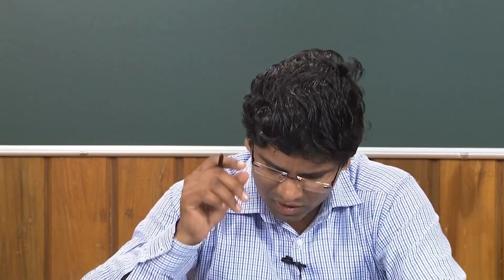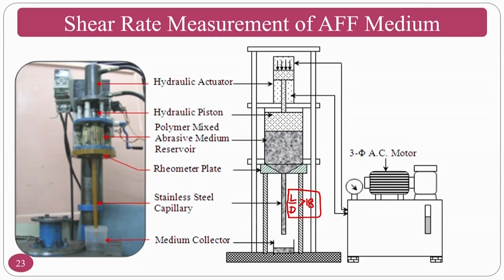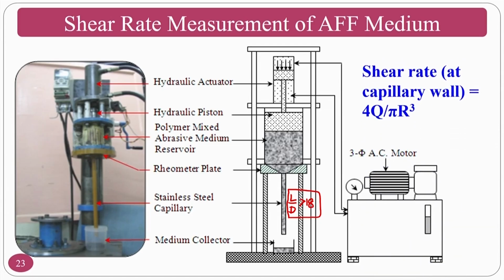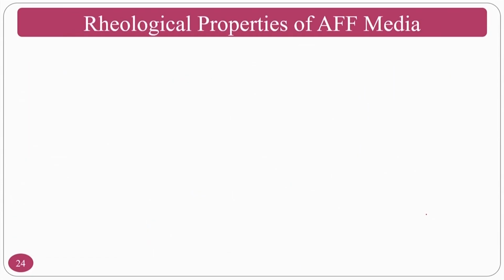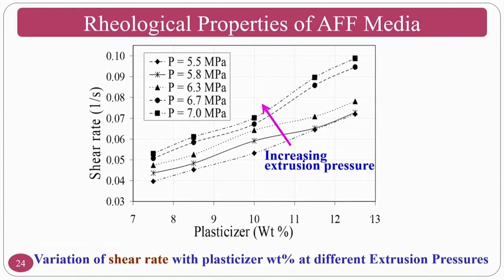For that purpose, what we have done is, we have placed the medium in a top medium cylinder and we have put a capillary to it, and we have applied the extrusion pressure that normally we apply in the abrasive flow finishing process, so that we can collect the material, and shear rate can be calculated by measuring the flow rate, as well as we know the radius of the capillary and other things. From here we can calculate the shear rates.